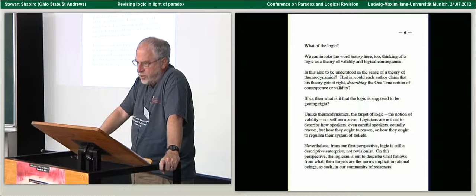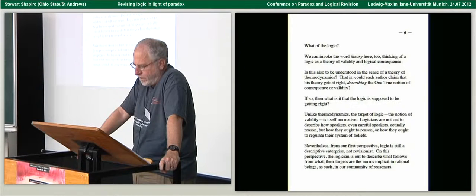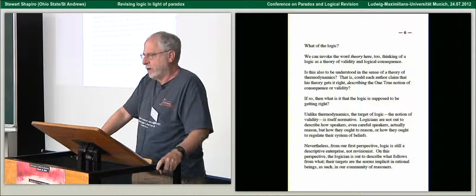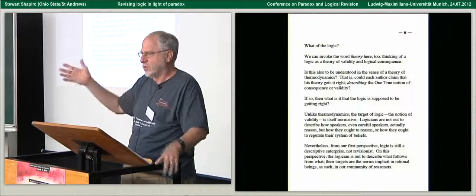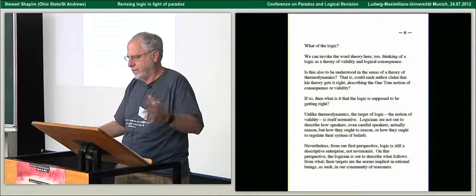Nevertheless, from our first perspective, logic is still going to be a descriptive enterprise. It's descriptive of a normative thing. So the logician is out to describe what follows from what. So their targets are the norms implicit in rational beings as such, in our community of reasoners. So that's the first option. It's descriptive, and it's describing something like that.